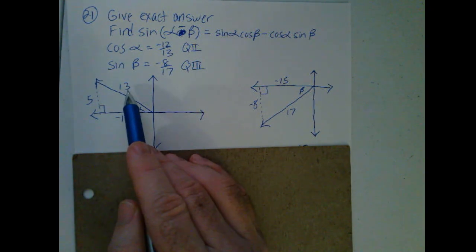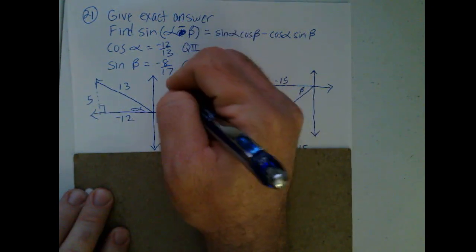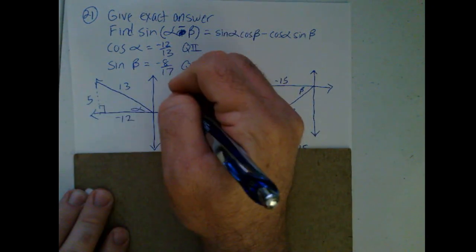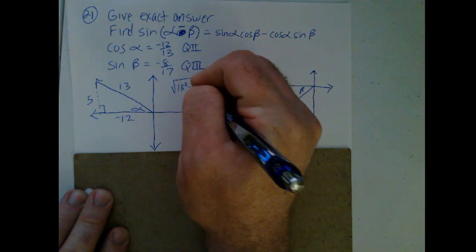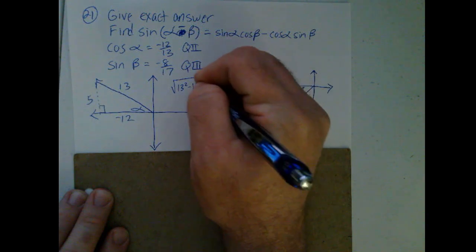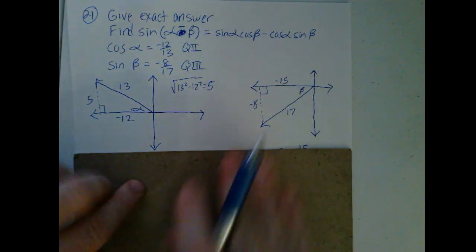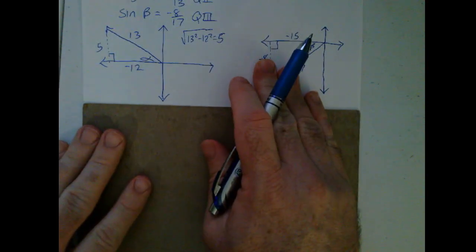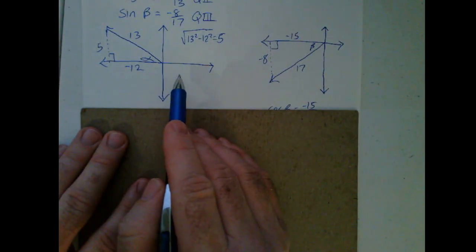Hypotenuse gets 13. We use the Pythagorean theorem to figure out what this leg is, which is the square root of 13 squared minus 12 squared. It should equal 5.